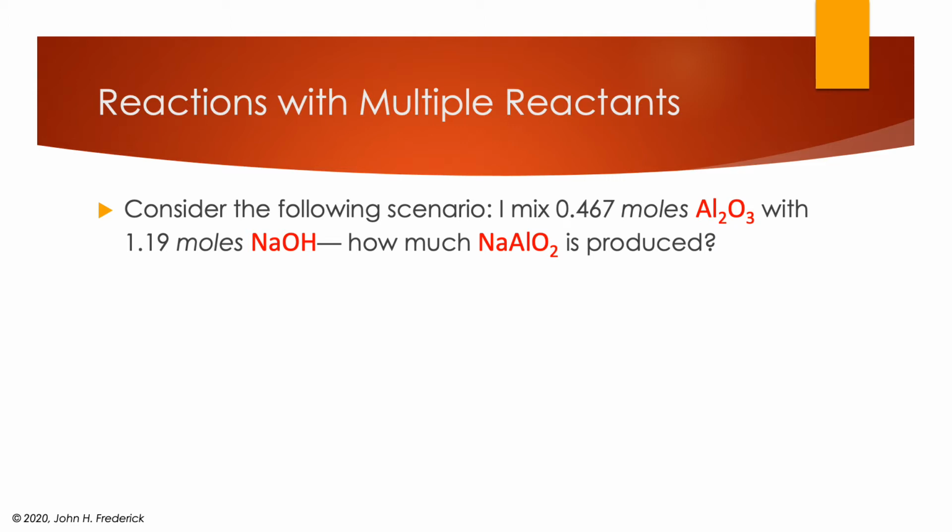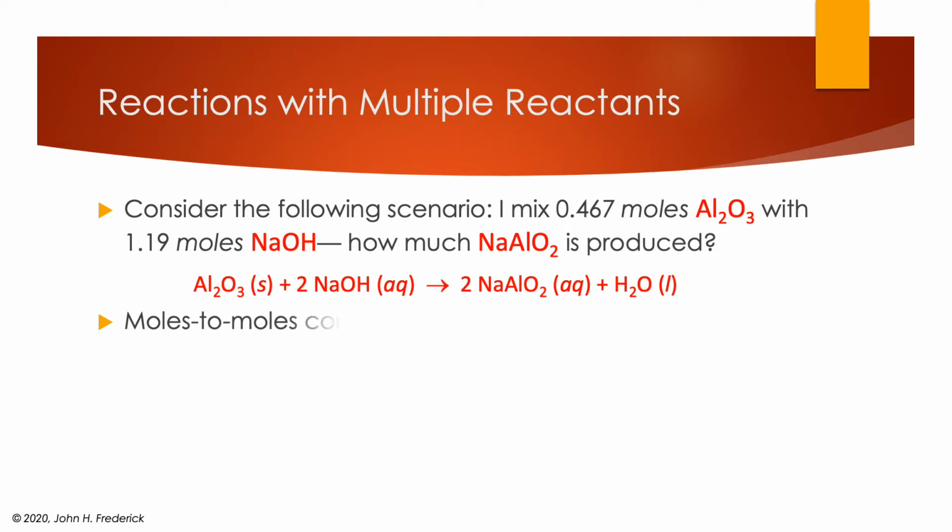I can't necessarily assume that they are exactly the right amounts that are needed to be used up all together in one reaction. So what I'll need to do is figure out, using the balanced chemical equation for this process, how much I could possibly get from each of these two amounts of starting materials. So what we're looking at is a moles to moles conversion.